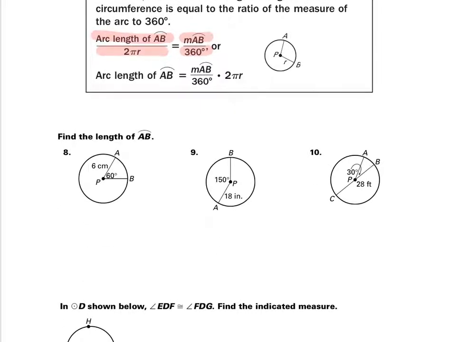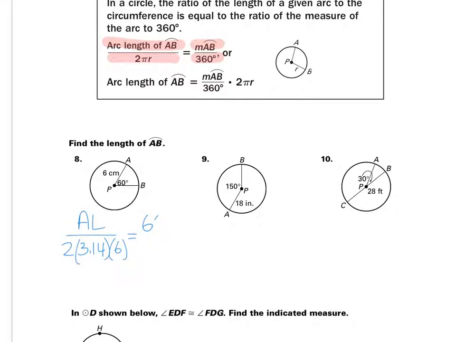So if I want to find the arc length, I'm going to call it AL, arc length, over 2 times 3.14 times 6 will equal the measure of arc AB, which we know is 60, so 60 over 360, cross products equal.